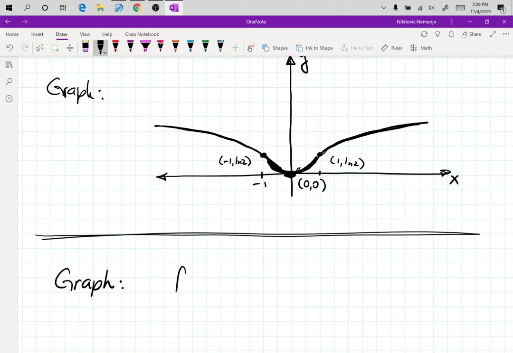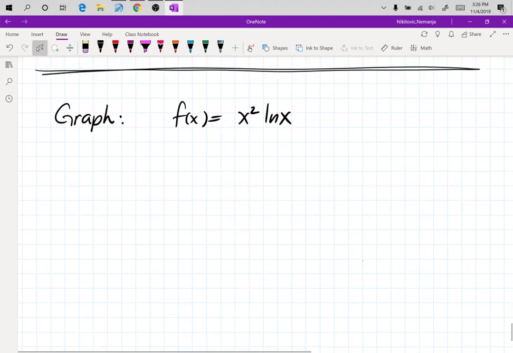So let's say that f of x is equal to x squared ln x. So you know the list of all the things that you guys should calculate.